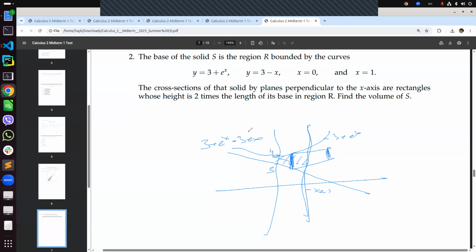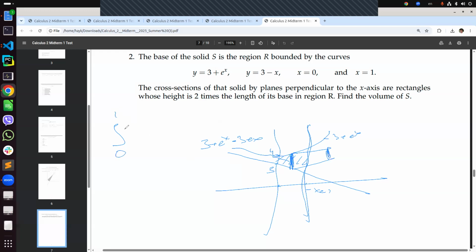The area of a rectangle is height times width. So volume can be calculated by integrating from this point to this point, from 0 to 1.